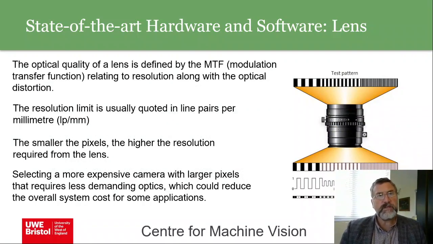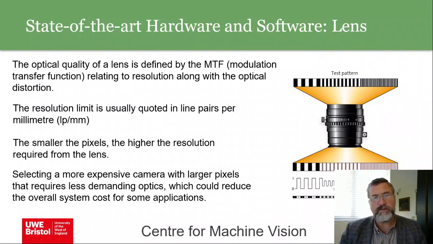The state of the art in terms of hardware and software with the lens, another thing to think about, of course, is the resolution. And this is usually quantified in terms of something called the modulation transfer function. So we're looking here at the resolution and the optical distortion present in the lens. Now what I will do is get to you, hopefully, the STEMMA Imaging machine vision handbook at some point.